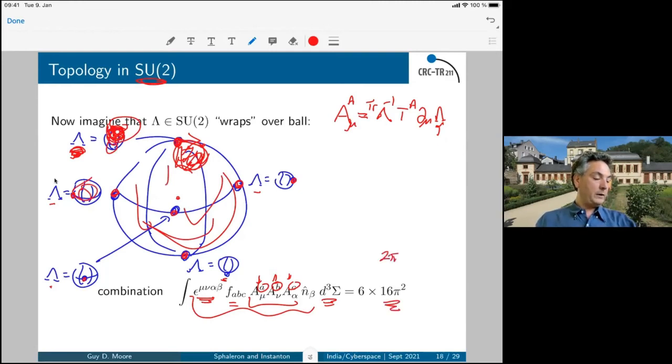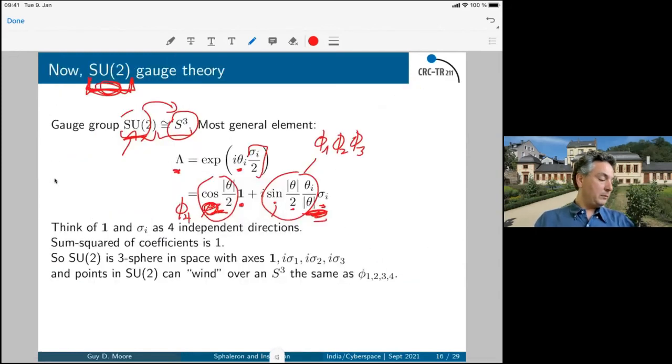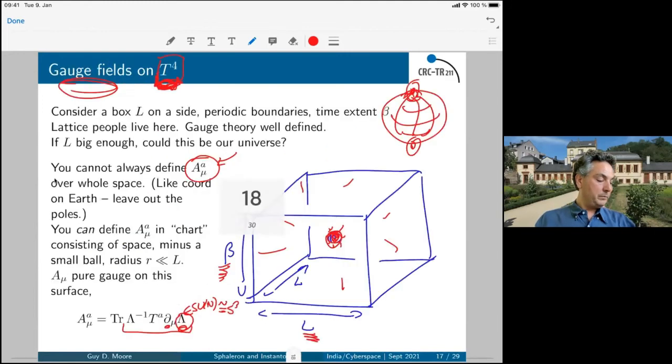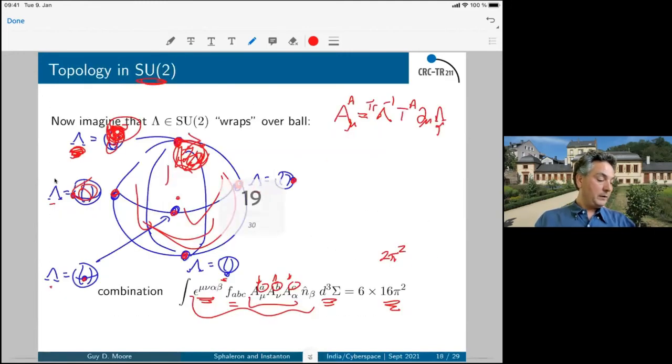It's 2 pi squared because that's the area of the 3-sphere, except that there's an extra 2 somewhere from here, from Pauli matrices and stuff. And so there's an extra times 8, and then there's an extra 6 because this 6-fold overcounts. Okay.